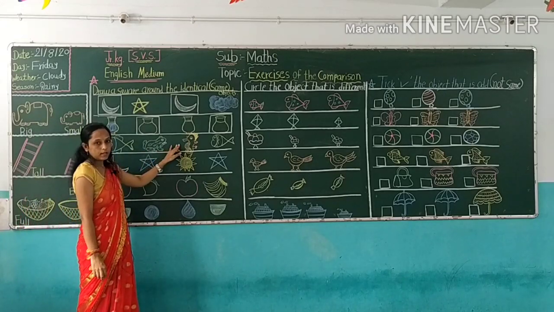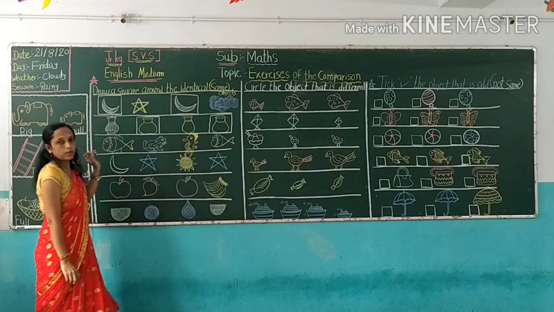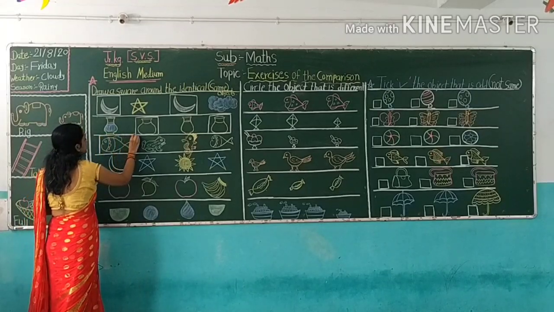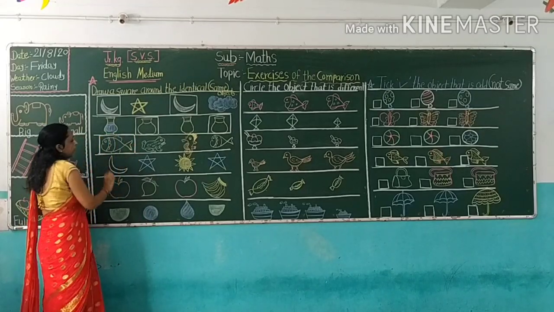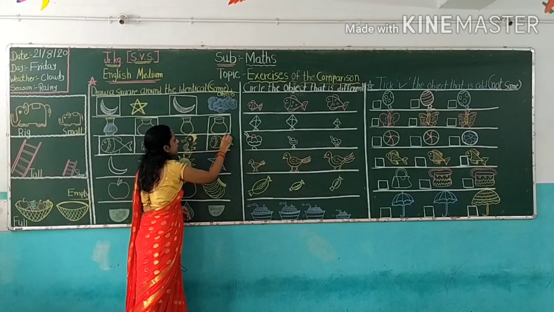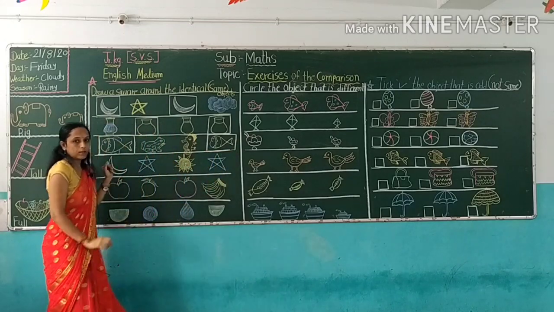No. Seahorse? No. So this fish is same. Okay. So square the same picture. Fish and fish. This picture is same. These both are same picture.